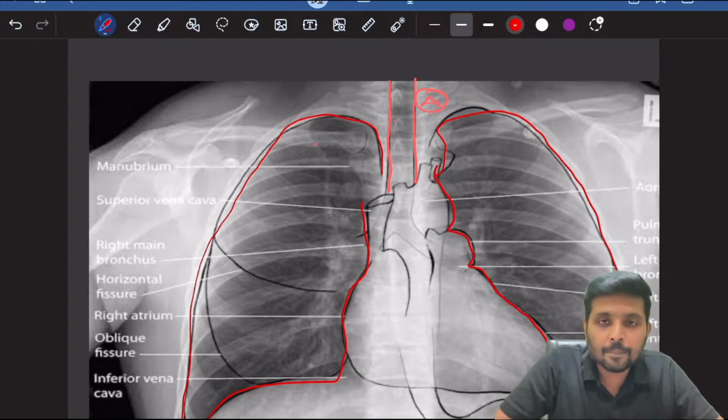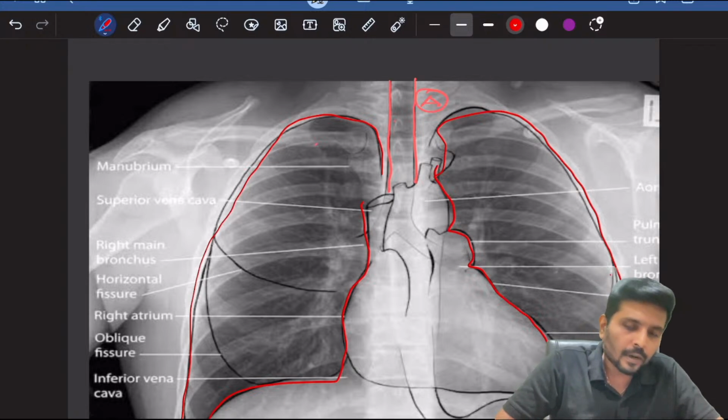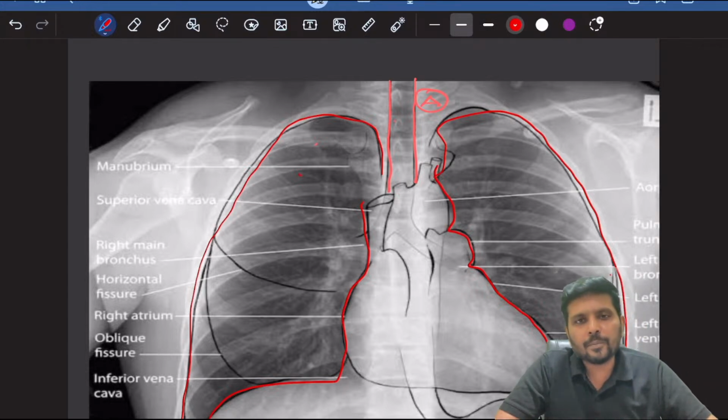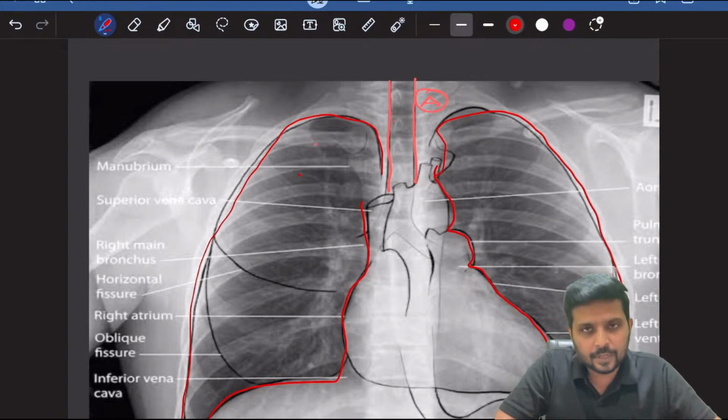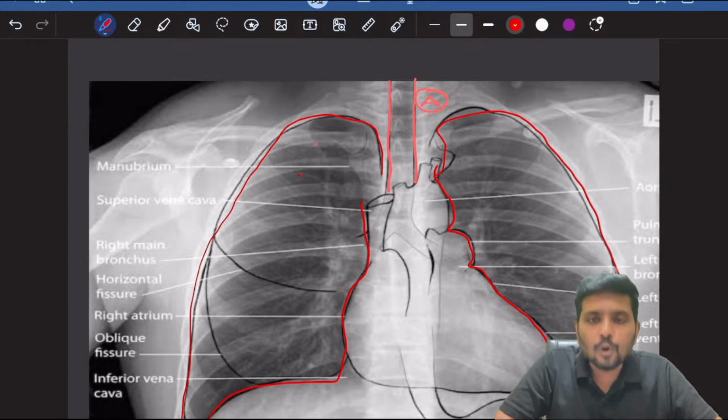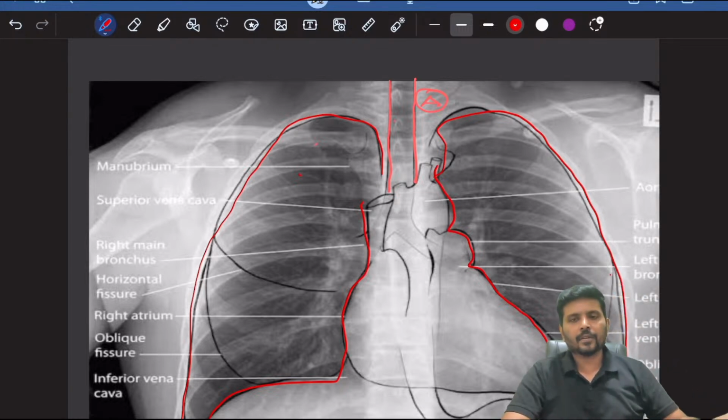Remember, you need to compare the volume of the right lung with the volume of the left lung. You all know that in the majority of human beings the right side is dominant. That's why your right lung volume should be a little bit more compared to the left lung volume.